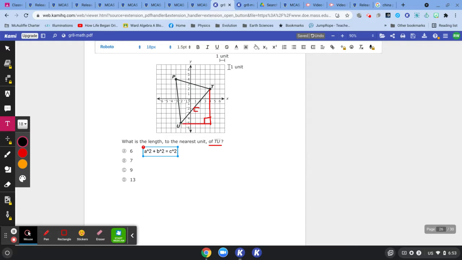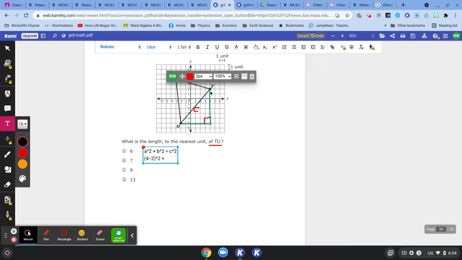So a, we can count on the grid. We are at -2 here, and here we're at 4. So 4 minus -2 is 6. So we have 4 minus -2, squared. I'll go ahead and do all of this because we're going to have to do it. We can also find out how long this is by subtracting the low number from the high number.